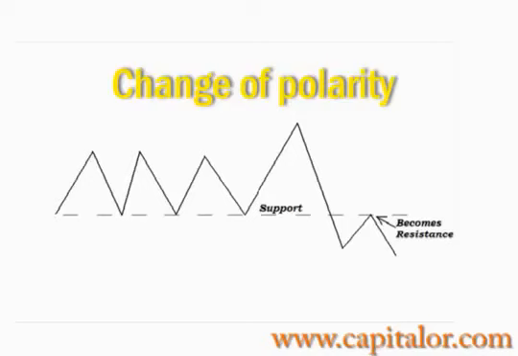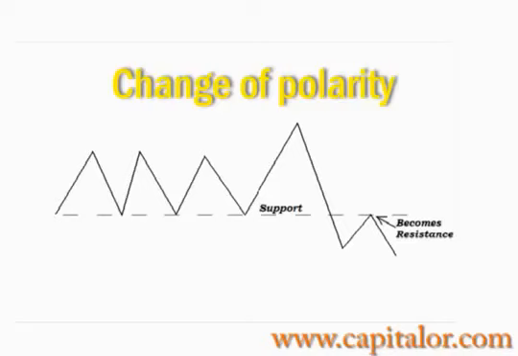Just make a note that if price gets above the resistance, that price level is automatically now a support, or if price gets below support, it automatically turns into a resistance level.